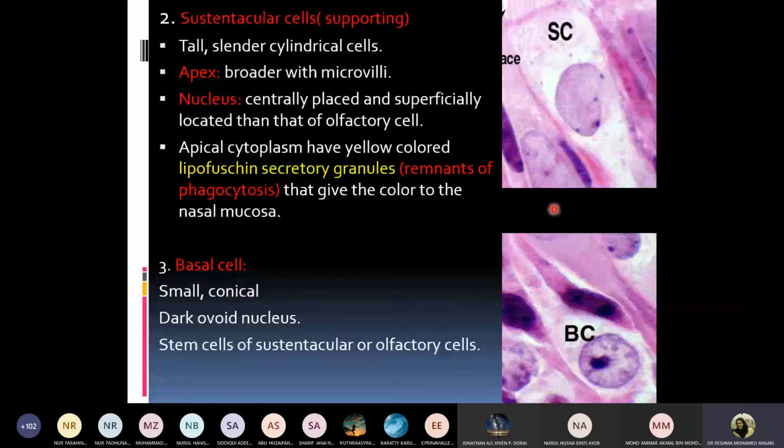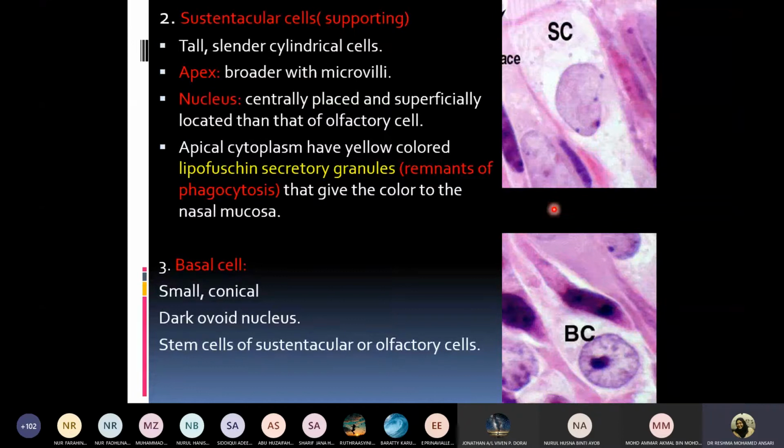They are also tall and slender. The apex is broader with microvilli, placed centrally and more superficially than the olfactory cell. That's why it looks pseudostratified. This one has a lot of lipofuscin secretory granules, which are used to digest foreign material.